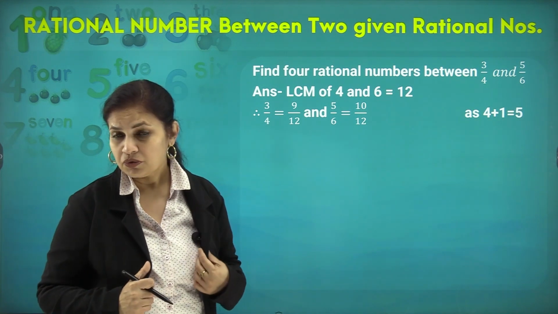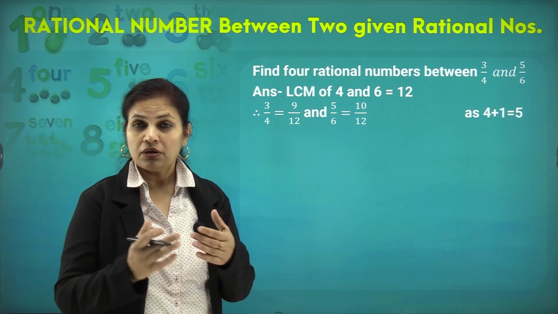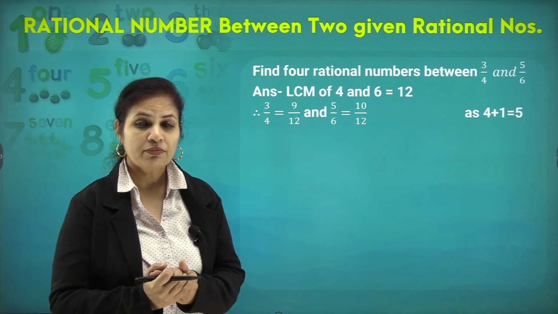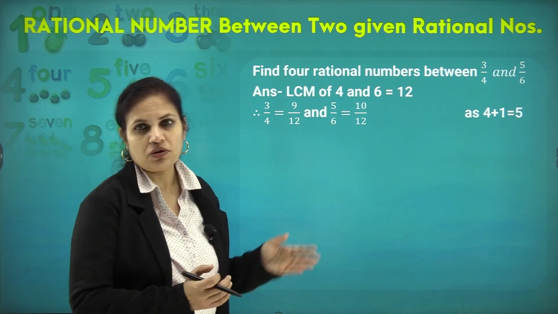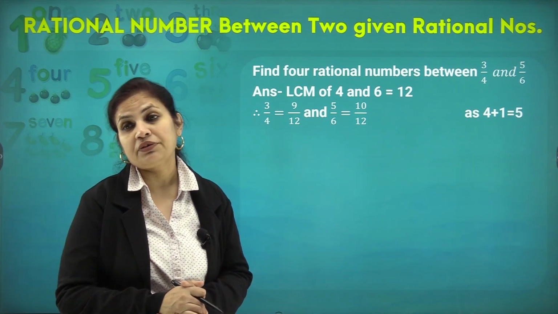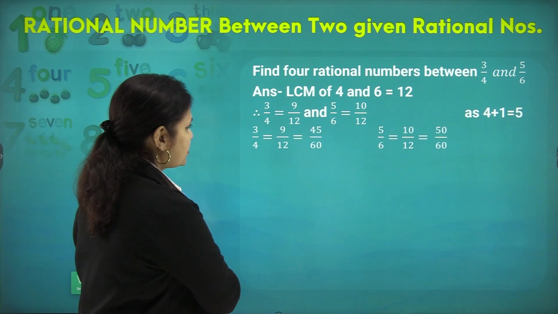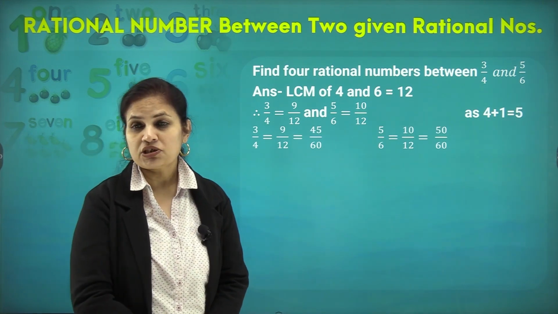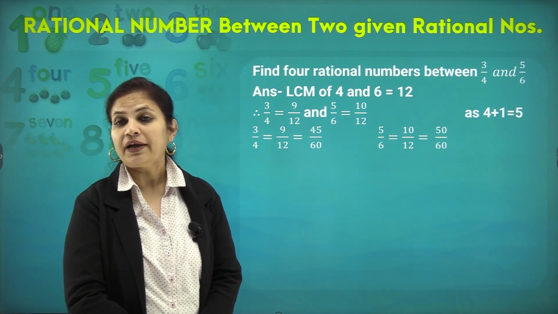Now, as I told you in method 2, if I have to find 4 rational numbers, I have to make the denominator 5. But here it is not possible to make the denominator 5 because 12 is already greater than 5. Then what to do in this case? In this case, we'll multiply the numerator and denominator of both the fractions by 5.